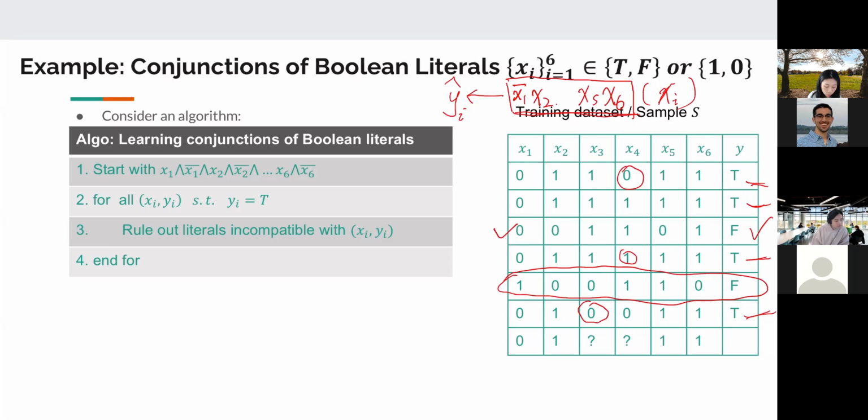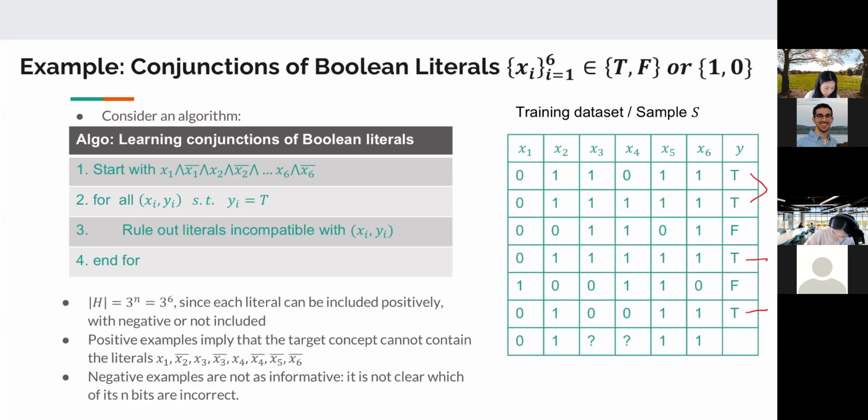So my question is, is yi hat the same as yi, the ground truth? Yes, right? Because our algorithm is designed that way, we are trying to rule out any incompatible literals. So our literals should be compatible with every single example. So it is going to be realizable. Okay? Does this make sense now?